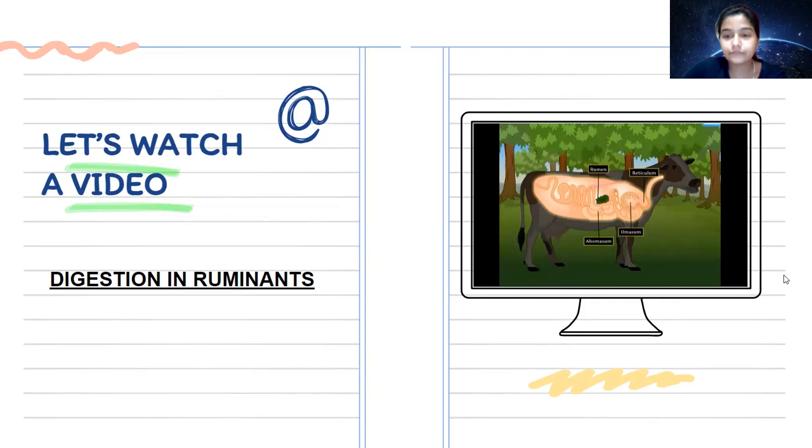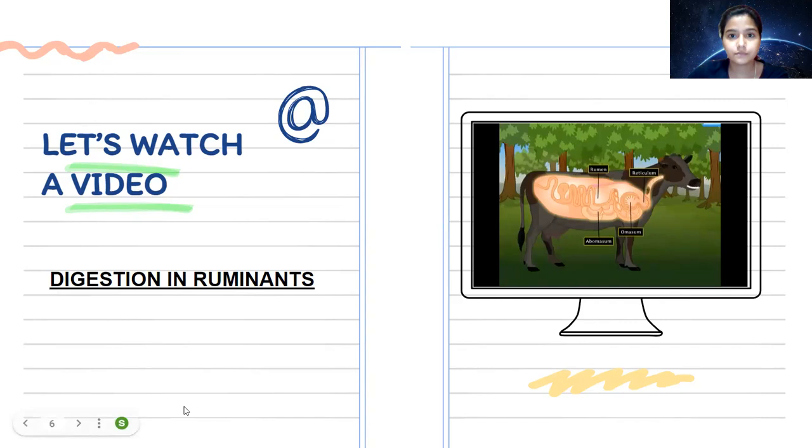In the rumen, the food gets partially digested. The partially digested food is called cud. The cud is pushed into the reticulum, the second chamber of the stomach, and from here it is sent back into the mouth for thorough chewing. The process of chewing the cud is called rumination, and animals which chew the cud are called ruminants.